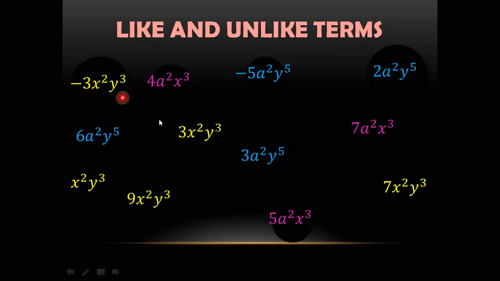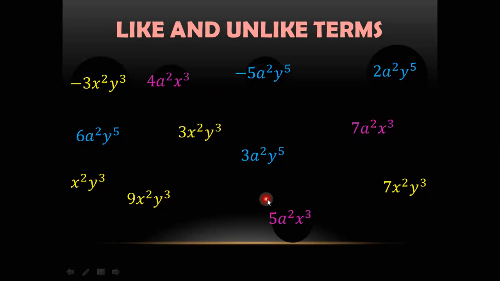Similarly, you can see the yellow ones. What are the coefficients and what are the variables and their exponents? They are x square y cube terms, right? Their coefficients are different. Here the coefficient is 1. When nothing is written, the coefficient is 1. Here it is minus 3, 3, and this is also a like term of these. So now look at this one, 6a square y5, all the blue ones, all the purple ones.